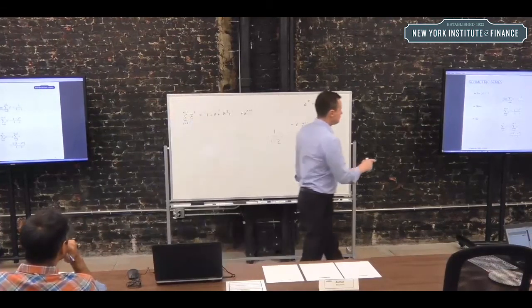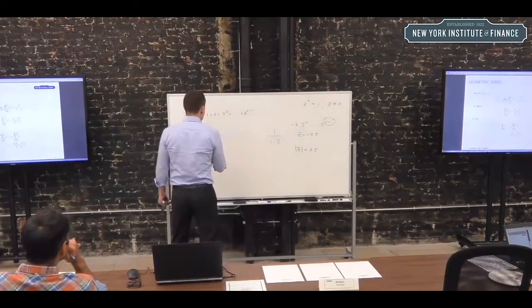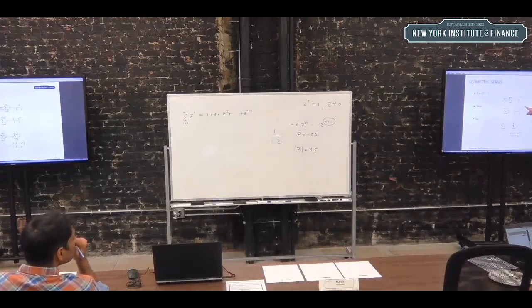Agreed? And I know I can write that as 1 minus z to the n over 1 minus z because of what I learned on the previous slide when I was summing from 0 to n.